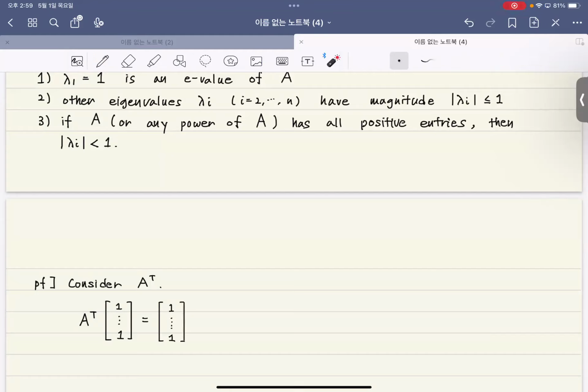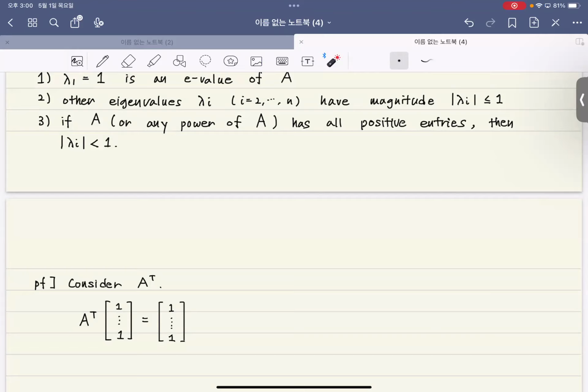Why? Because A is Markov means that the sum of entries of every column should be 1. Therefore, for A transpose, the sum of entries of every row is also going to be 1. Therefore, multiplying this by this, the first entry must be 1, and the second entry also must be 1, like this.